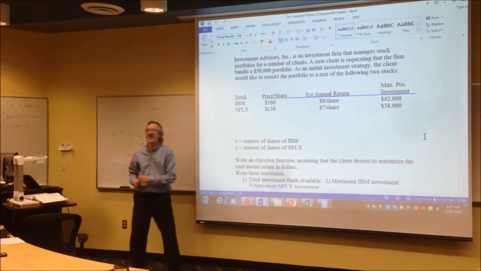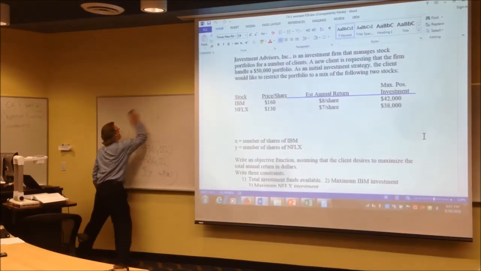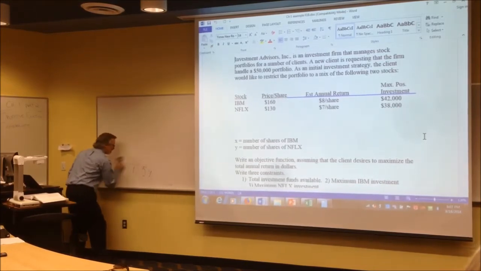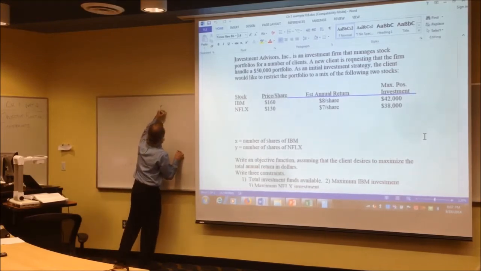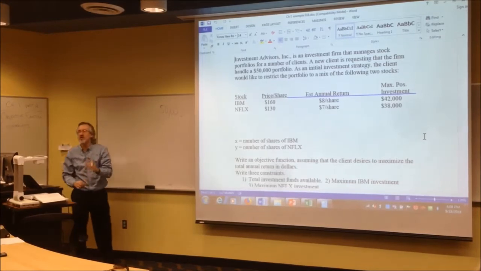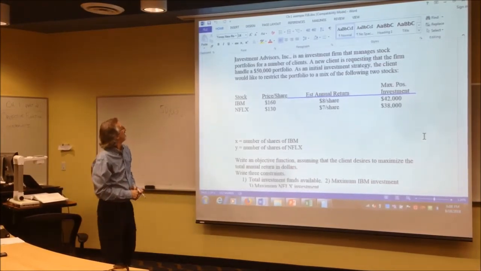Total investment funds available. I'm going to erase this. All right. What's the total amount of investment funds available? 50,000. So that's going to be our right-hand side. Is the equality going to be less than equal, greater than equal, or equal? Well, hang on a minute. Less than.